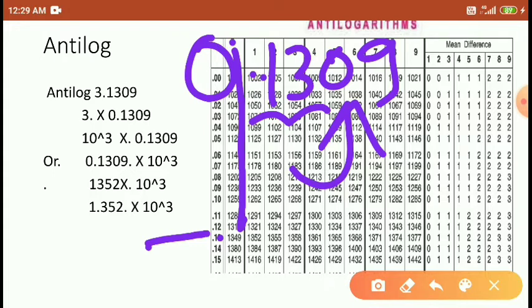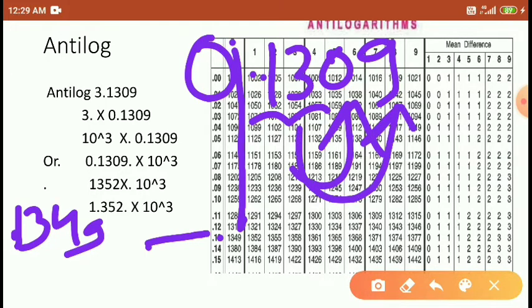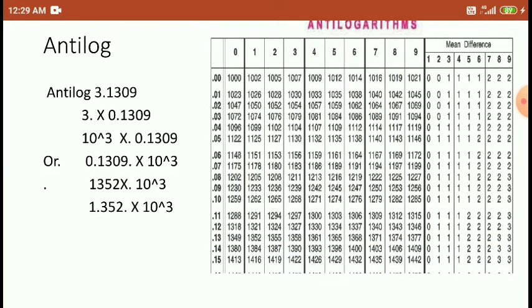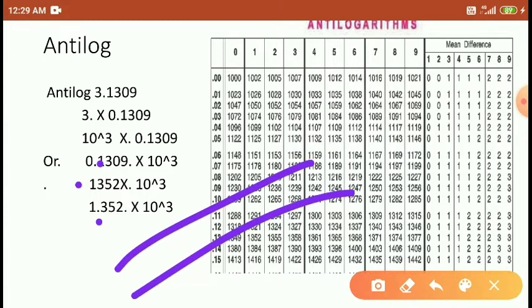And in the same row, the ninth mean difference is 3. So add 3, and you get 1352. The value is 1352 into 10 to the power of 3. Since the point is there, it is also written as 1.352 after one digit. So in this method we find the anti-log.